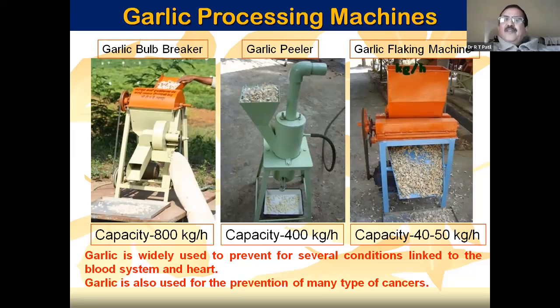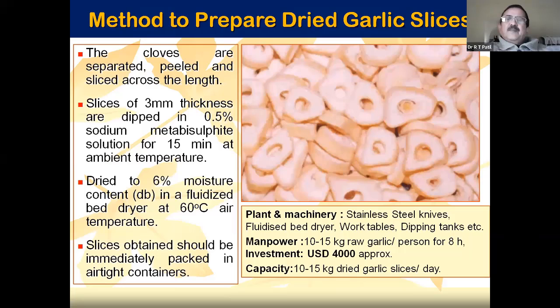And when you make this kind of product, the garlic slices, and these slices are given in small airtight bottles of 100 grams or 200 grams, they can keep well for a long time. Because when you make the slice, something oozes out, and that liquid gets dried after some time and creates a kind of case hardening effect on the garlic.